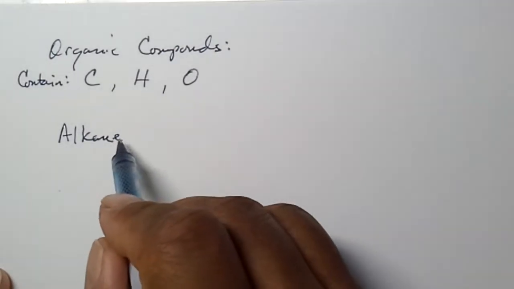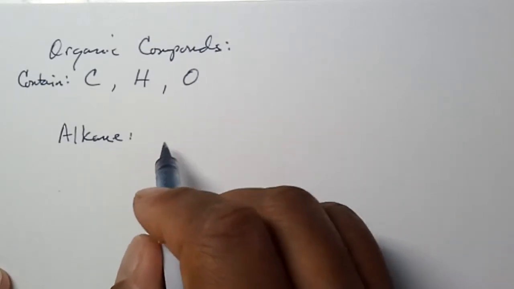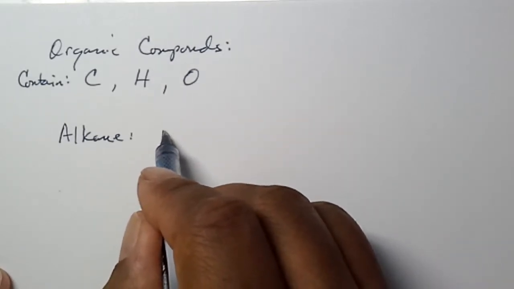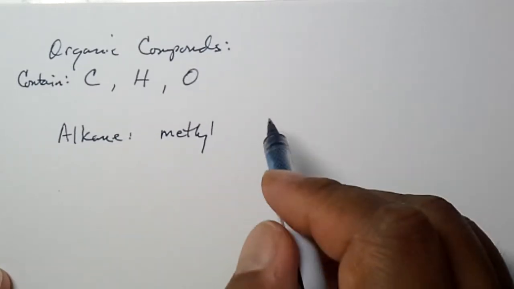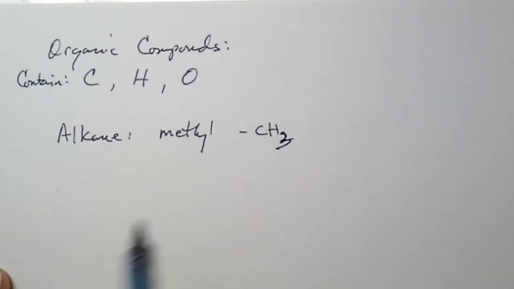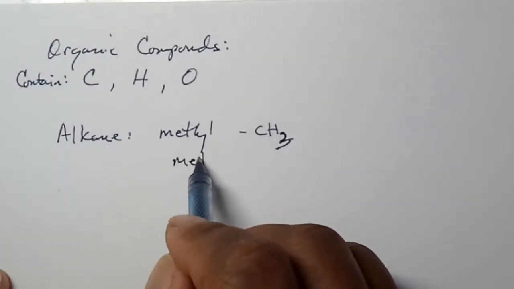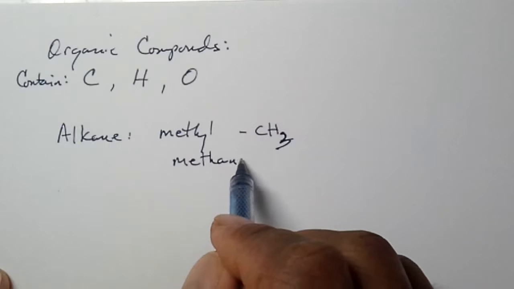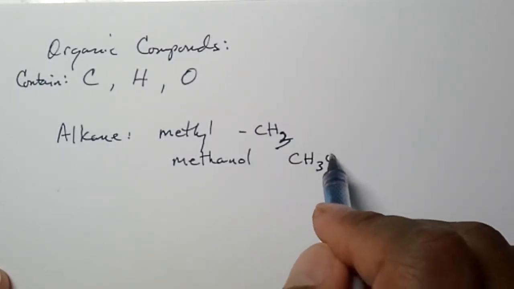So alkanes come in a variety of lengths, and they have specific names to designate those lengths. A methyl group is simply a single carbon. Alright? It's not a chain. An example, methanol would be CH3OH.